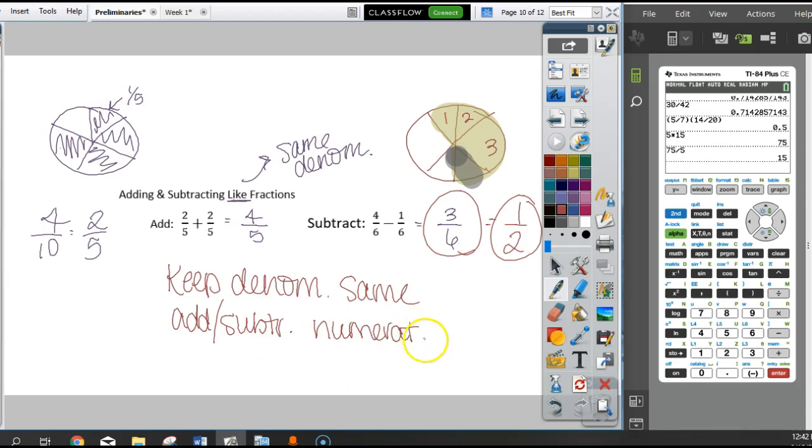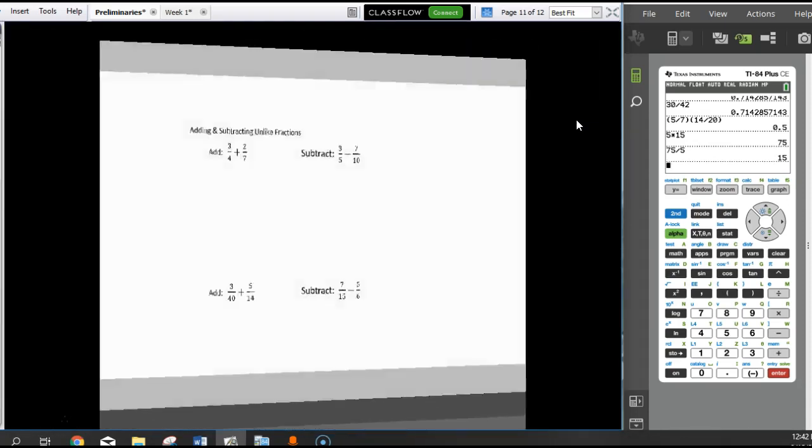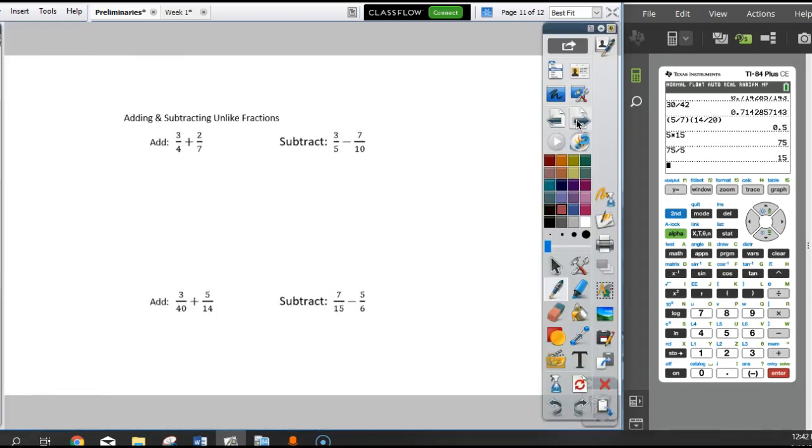So where this becomes an issue is when our denominators are not the same. So unlike fractions. So 3/4 plus 2/7. We already proved that adding across the top and adding across the bottom doesn't make sense here. And if you think about 1/4 of a pizza, it's talking about this size of a slice.